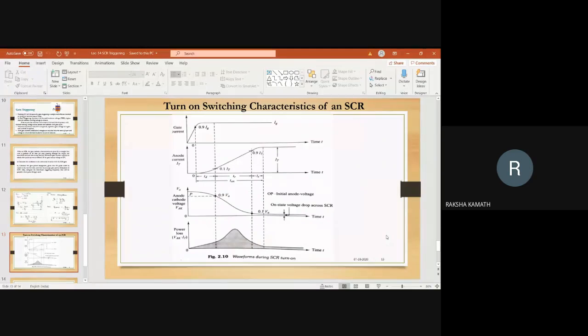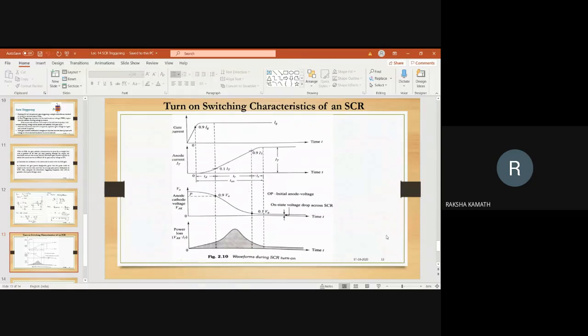The gate current is increased from 0 to 0.9 of Ig. At that time, the anode current will be 0. It won't rise. Because anode current is 0, the anode cathode voltage will be at its peak. And the power loss will be minimum, that is from 0, and it rises a little bit.